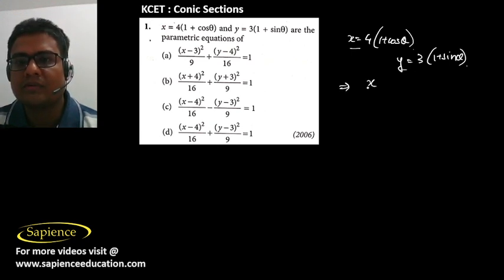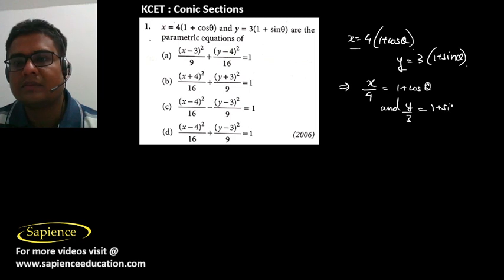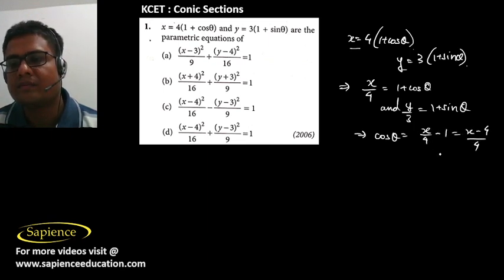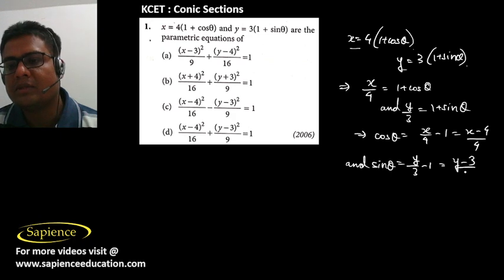Therefore from here we can see that x by 4 is equal to 1 plus cos theta and y by 3 is equal to 1 plus sine theta. So cos theta equals x by 4 minus 1, which is equal to x minus 4 by 4, and similarly sine theta will be equal to y by 3 minus 1, that is equal to y minus 3 by 3.